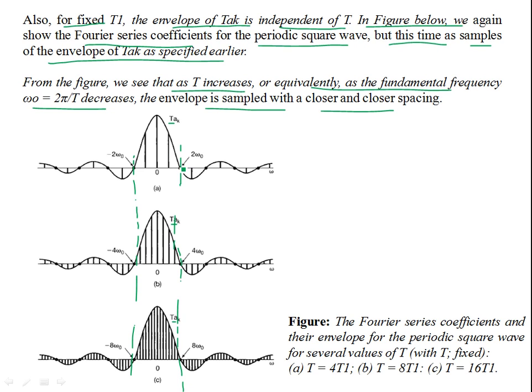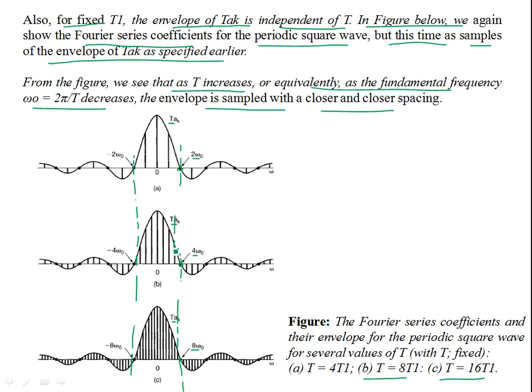For example, this sample over here is twice the fundamental, this sample is 4 times the fundamental, and this sample is 8 times the fundamental as capital T increases. Again, these values are the same. This is for part B, 8T1, and for part C, 16T1.